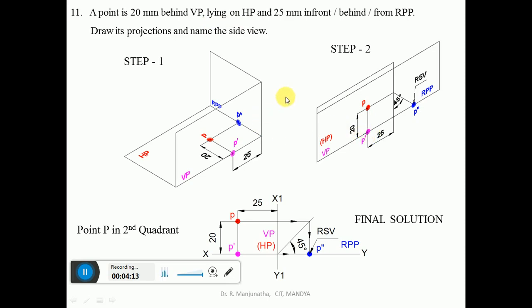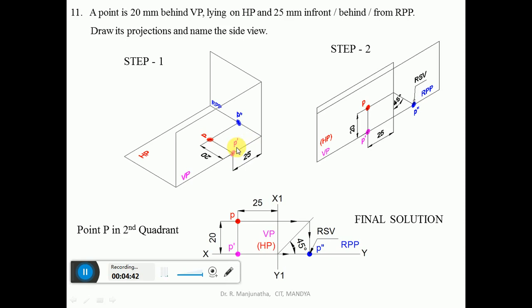When you look from the right side view, we can see the distance of the top view. That is, when you look from the top view, we can see the distance behind VP. And when you look from the front view, you can see the distance on HP, so it will be on VP.